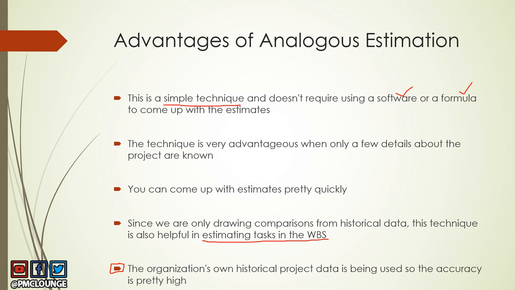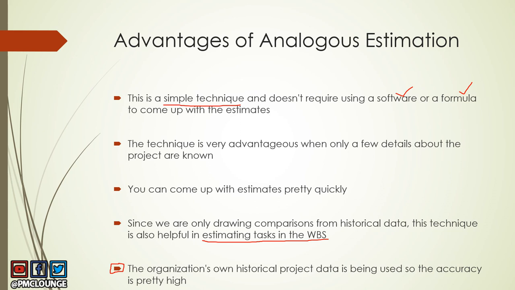Isn't that something that you would think? Because you're not making any calculations, you're simply drawing comparisons. But think of it this way: you are drawing comparisons from historical data of your own organization, not from an industry perspective. You're not drawing comparisons on how long the industry takes to deliver an app.